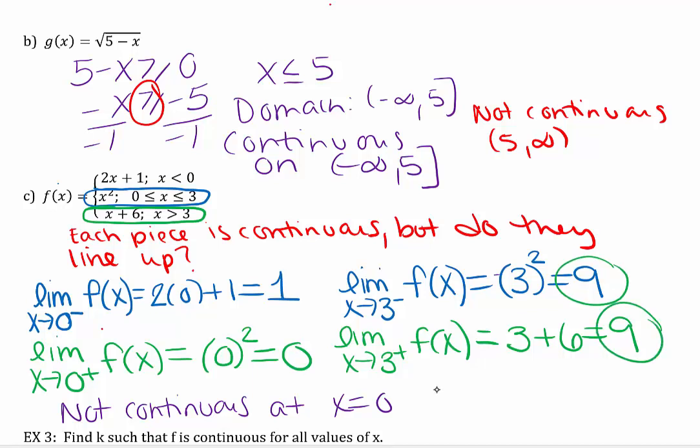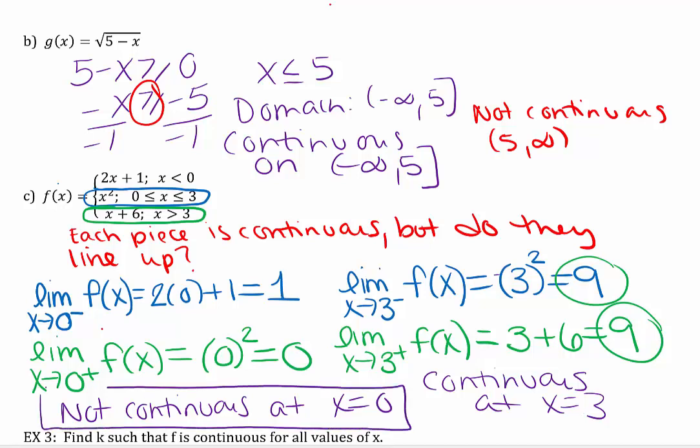And so this function is actually continuous at x equals 3. So the only place where this function is not continuous would be at x equals 0. That's where those two pieces don't line up. So to summarize, with these piecewise defined functions, you're plugging in those endpoints to see if the pieces line up. That's the basic idea here.